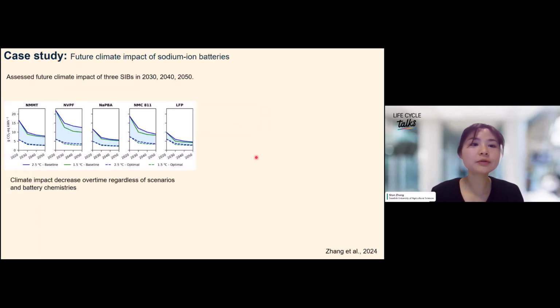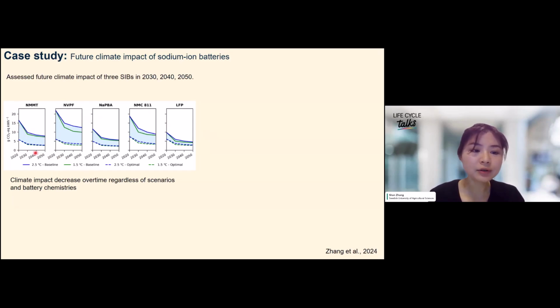So here comes the case study. This is the result of the future climate change impact of 3 types of sodium-ion batteries and 2 types of lithium-ion batteries serving as benchmark, under different studied years with 4 different types of scenarios, considering the background and foreground changes, as well as the changes in the future battery composition and performance.